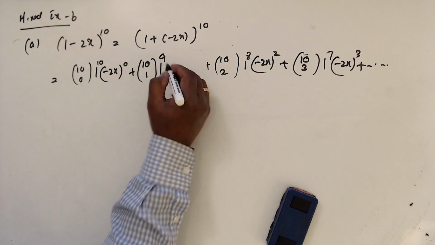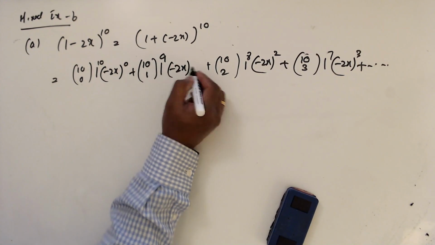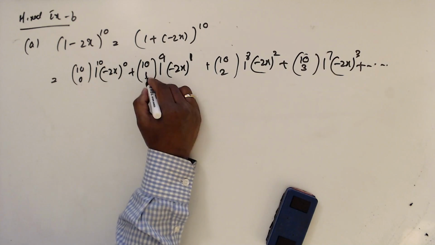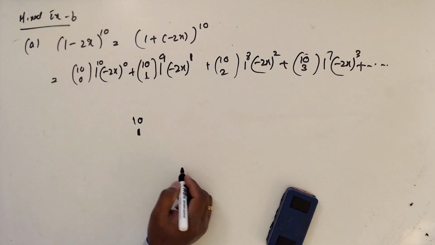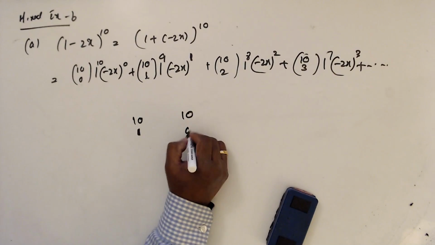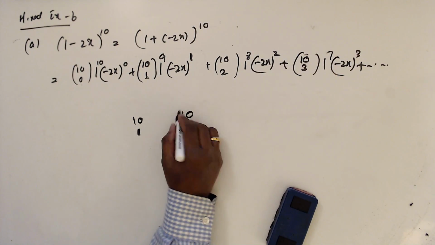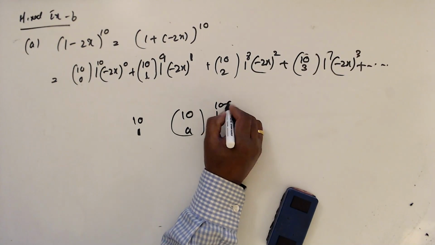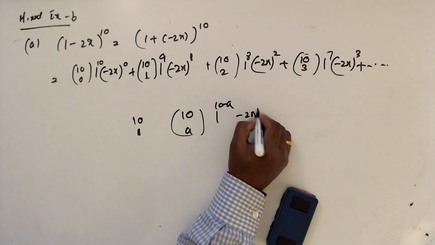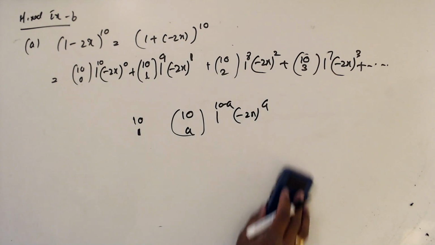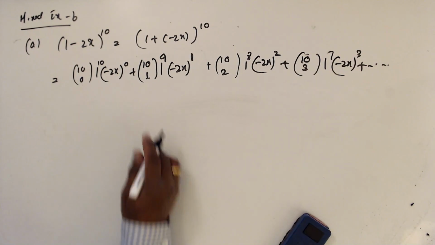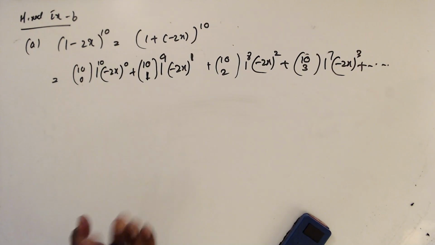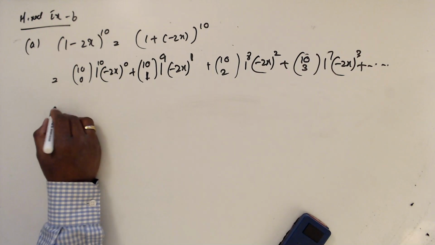Then I know the next power is 1 by looking at this. So this is my guidance: if I write 10ca, then I write 1 to the power 10 minus a and minus 2x to the power a. So when you focus on that, you can do fast writing.